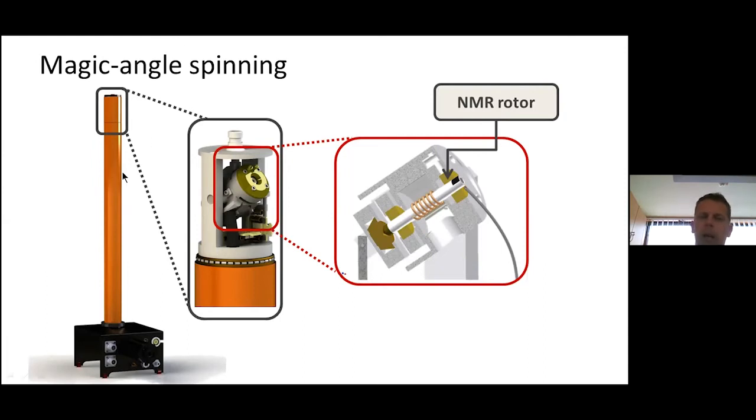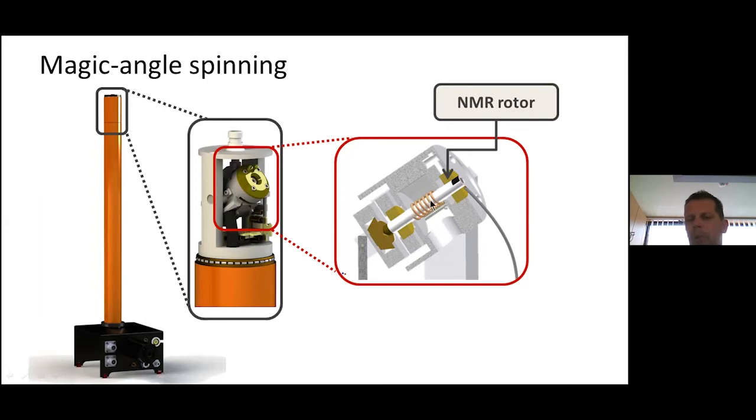Okay, how do we do that? How do we spin the samples actually? Well, we put the samples into an NMR probe, which we then insert into the magnet, and an NMR probe contains a part which we call the stator. In the stator we insert this white ceramic tube, usually a zirconia tube, which is hollow and into which we pack the sample, the crystalline powder or the amorphous powder or whatever.